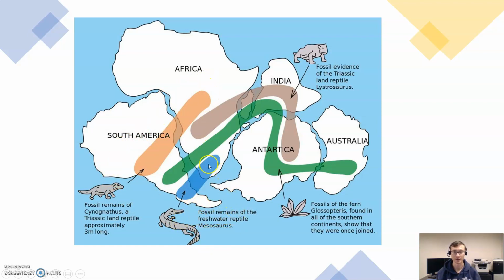We have fossils found in the southern tip of Africa and the southern tip of South America. Well, today, those two points are thousands of miles apart. So, which is the more likely explanation for finding these two fossils? Was the Mesosaurus swimming across the ocean? Again, a freshwater reptile, which we think is about 3 feet. Or were these two places originally side by side?